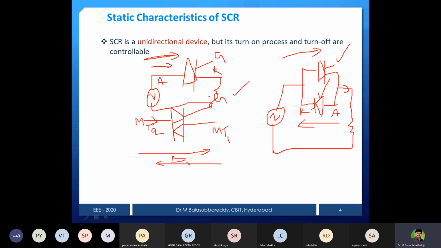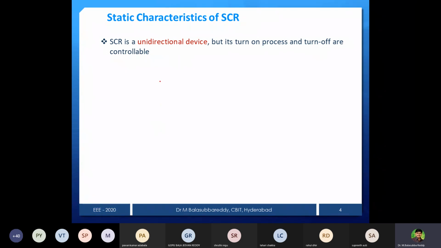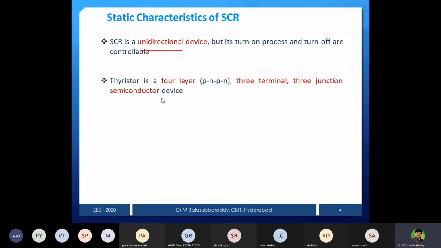That's why you can use a triac only in low rating applications, like light control or fan control, or very small rating AC motors. Otherwise, you must use two anti-parallel thyristors. That's why I mention it as a unidirectional device.